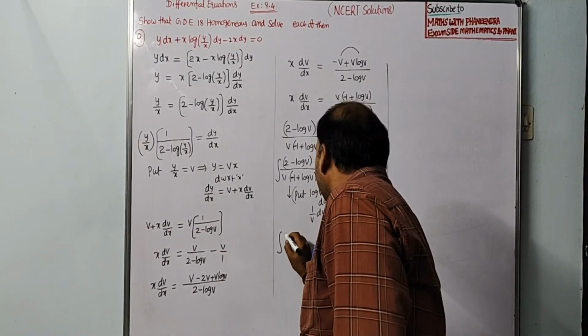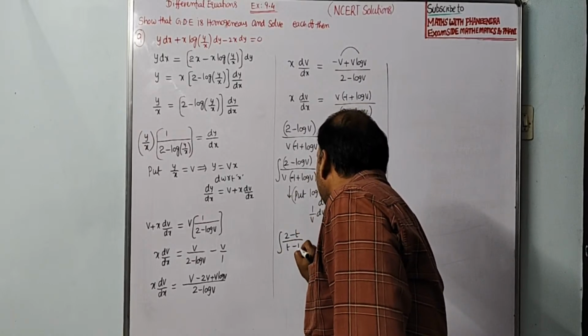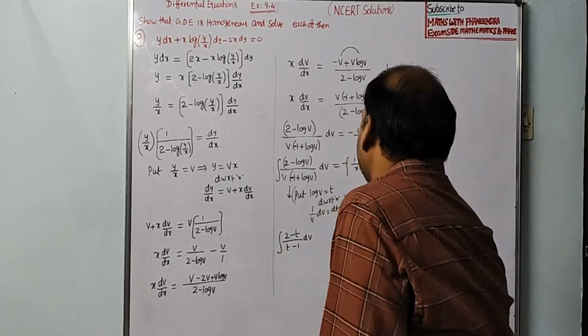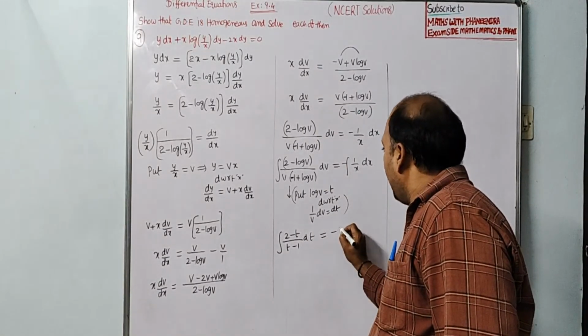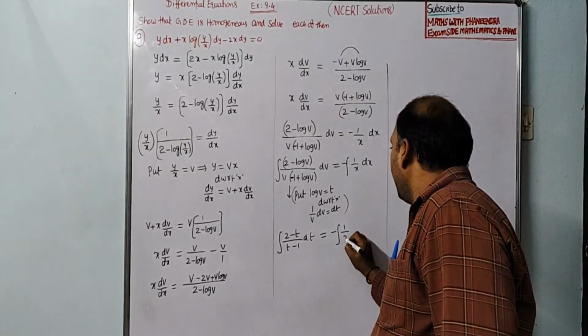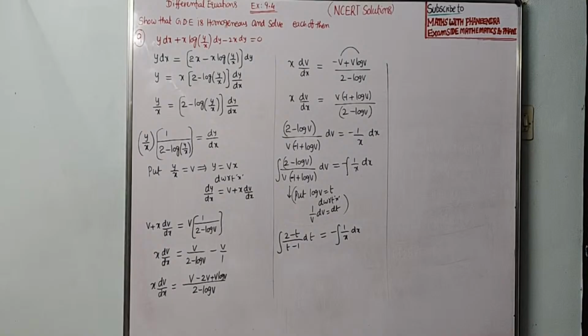So integral of (2 minus t) by (t minus 1) into dt is equal to minus integral 1 by x into dx. I hope you understand, students. This is the way we can.